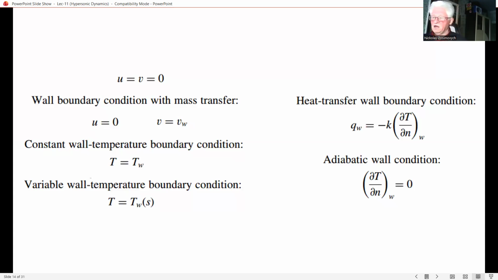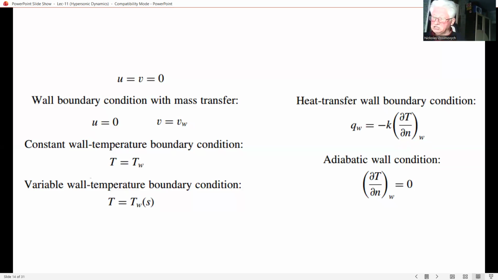The heat transfer wall boundary condition: q_w equals minus k times dT/dn at the wall. Here q_w is the heat transfer, energy per second per unit area, into or out of the wall, and n is the coordinate normal to the wall, perpendicular to that wall.